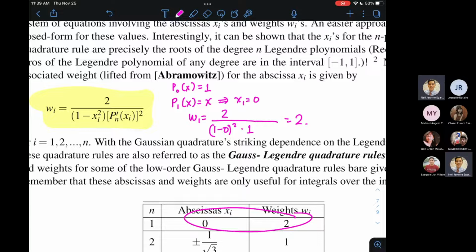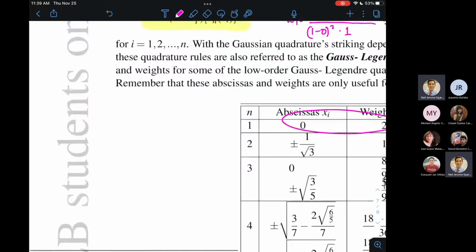Okay? It's not so obvious, because the derivation I used last time for the 1-point Gaussian quadrature rule used the definition of degree of precision, and the interval was an arbitrary [a,b]. So maybe it's more familiar if we look at the 2-point Gaussian quadrature rule we derived last time.